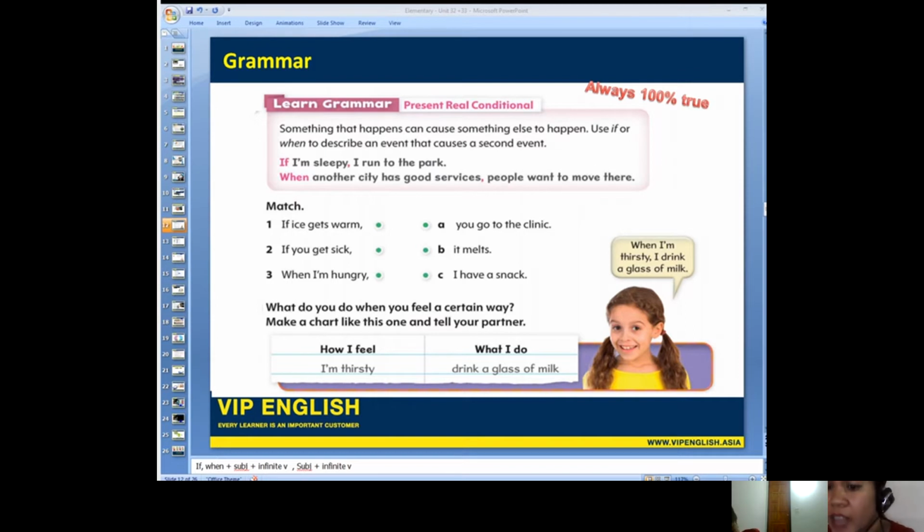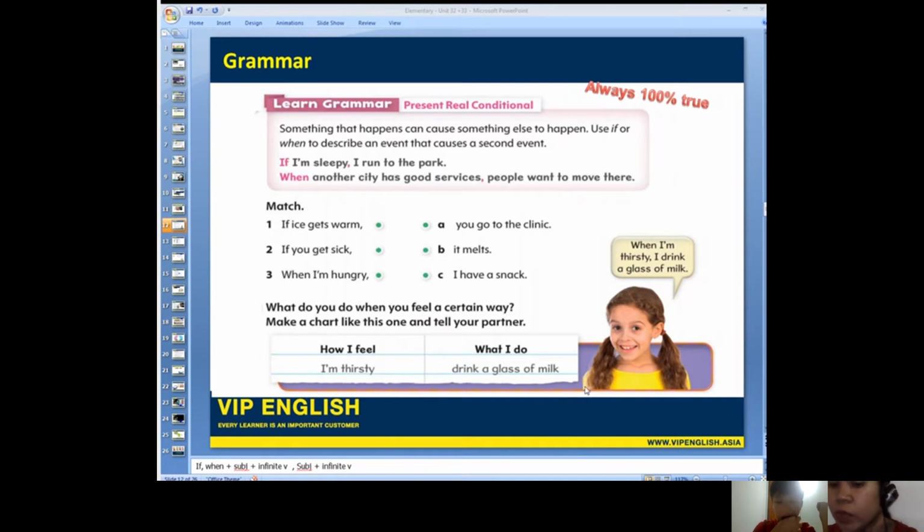Like this. If ice melts here, it becomes. Yes, I have ice. And I will melt the ice. What will happen to the ice if I melt it?